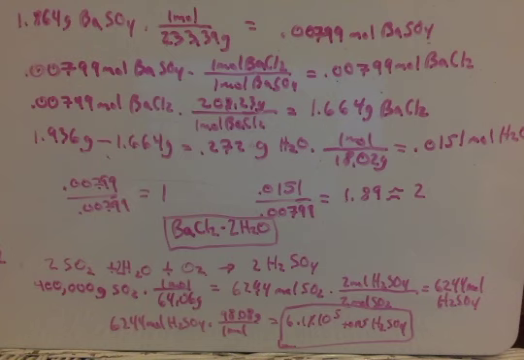Now, tons is not a metric unit, and it doesn't allow me to do the chemistry. And so I'm going to pretend that it's really not tons, but it's grams, because I know how to change grams to moles. Tons to pounds to kilograms to grams.